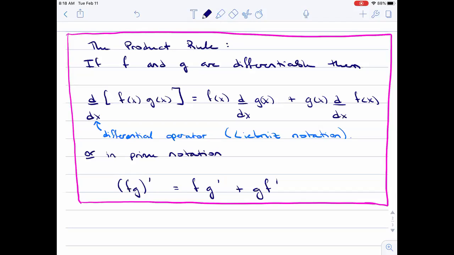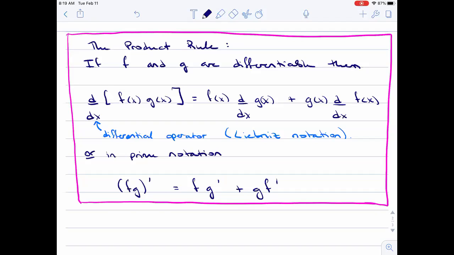On test 2, you will have to just spew out the product rule in prime notation. Same thing with the quotient rule and also the chain rule, but we'll do that later this week. So just be prepared to empty your brain, because I'm sure you'll have it memorized, and then you just write it down. Just write them down, and then you can refer to them.